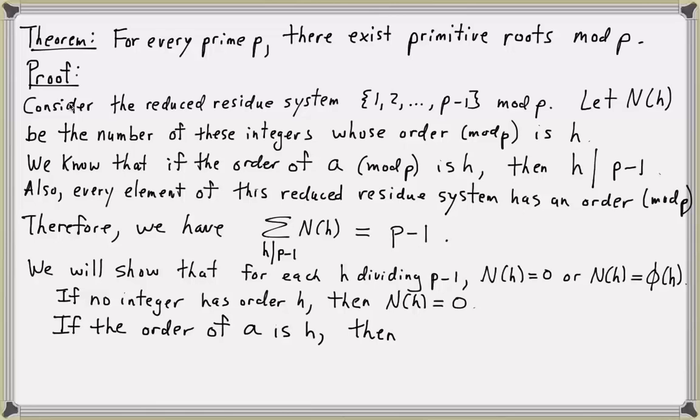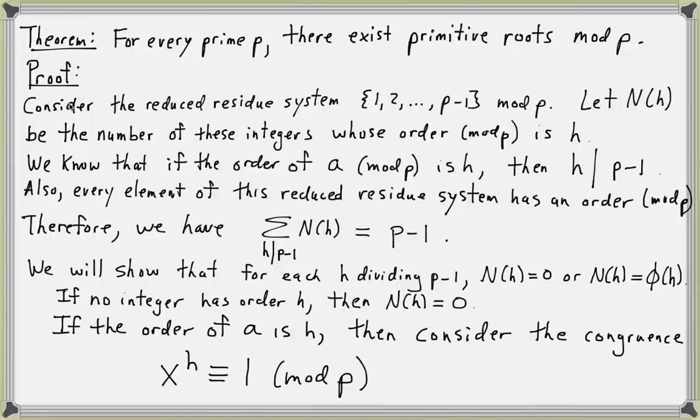But in order to do that, we're going to look at the congruence x to the power h is congruent to 1 mod p. So consider the congruence x to the power h is congruent to 1 mod p.